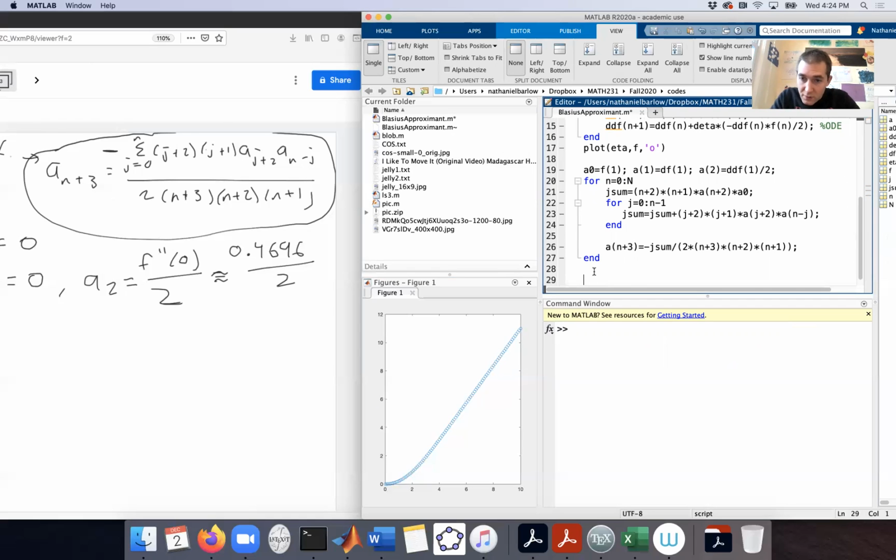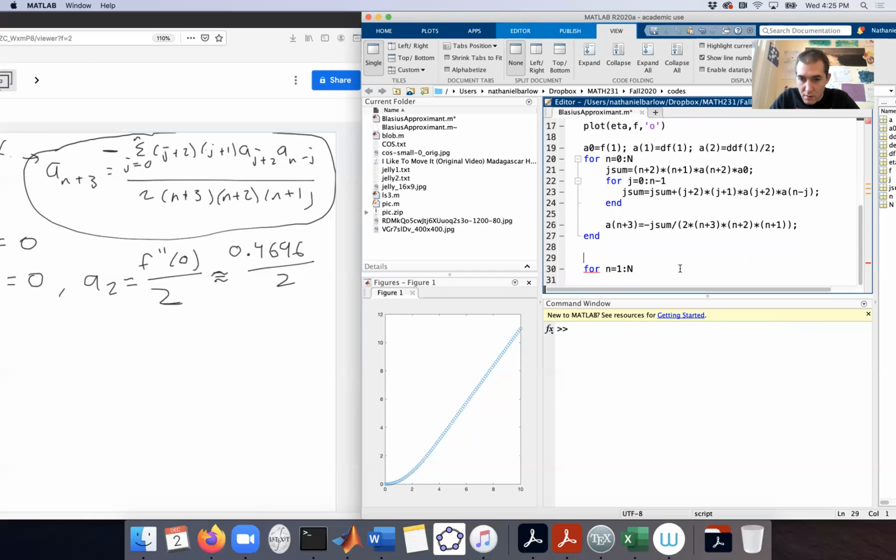Now let's plot the series solution. So for n from 1 to n, I guess we could use 0 if we wanted to. No, that's going outside of the thing. Okay, so f sum equals A sub 0.